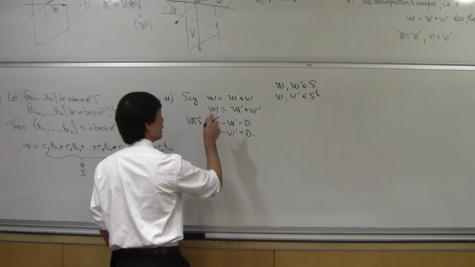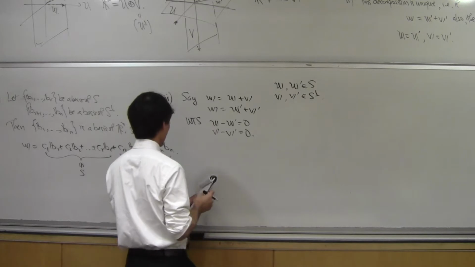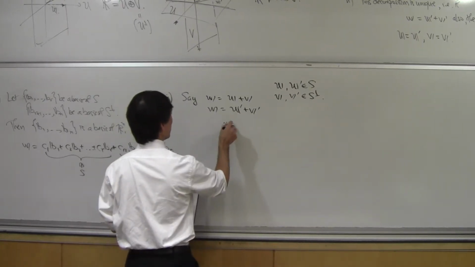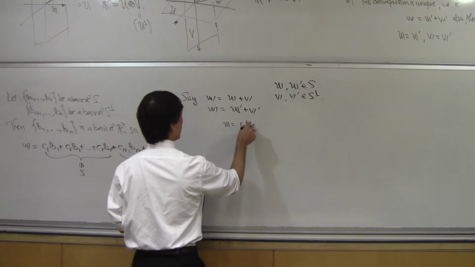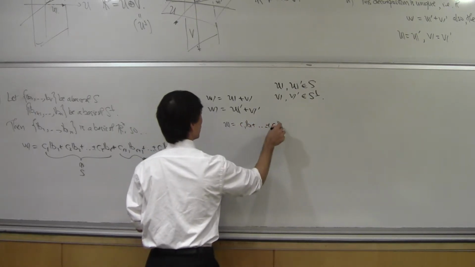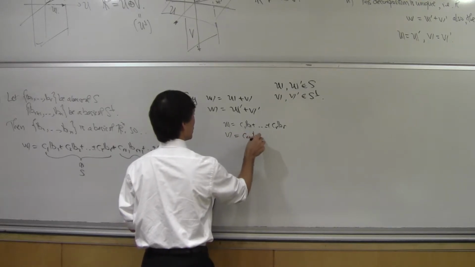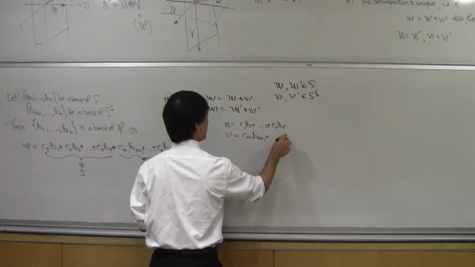So you'd say, well, suppose that U is C1 B1 plus up to CR BR, and V is CR plus 1 BR plus 1 up to CN BN.